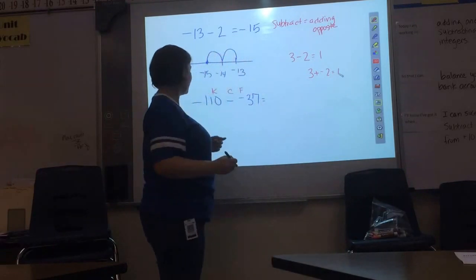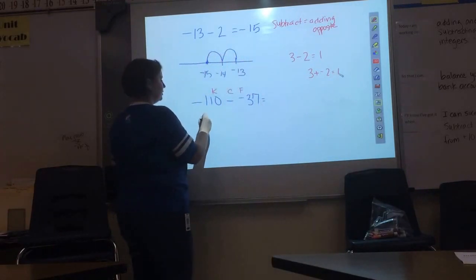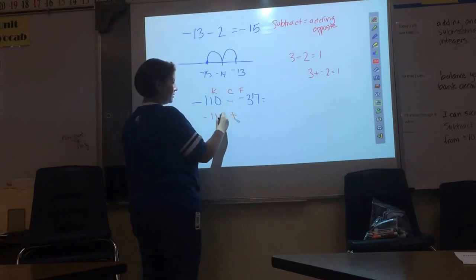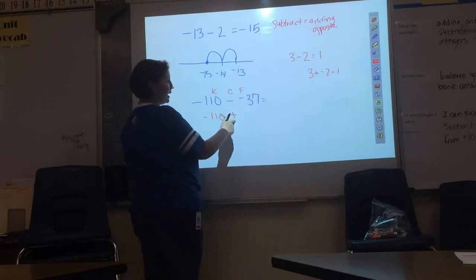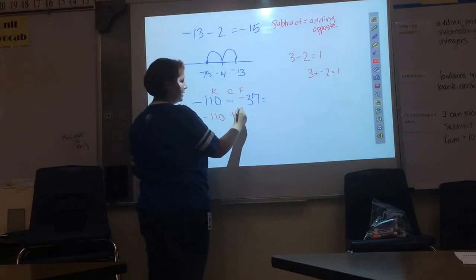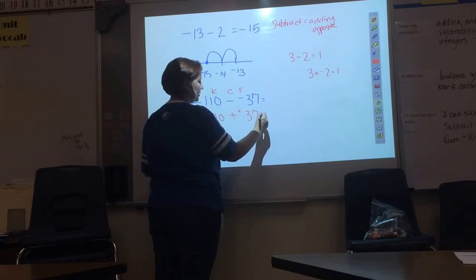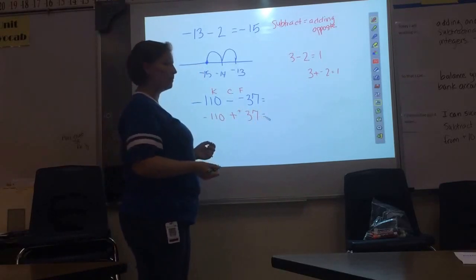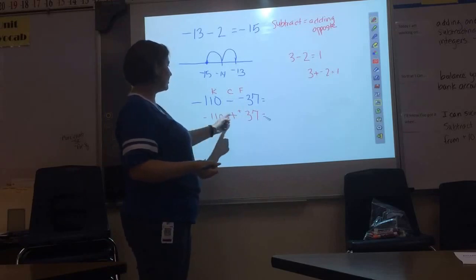Still the same. So I can treat this as negative 110, change the minus to plus. So instead of subtracting, now I'm going to add. And I'm flipping the sign. I'm now doing the opposite. So instead of negative, now I have positive 37. And remember what I said in the video before about adding integers that have different signs?